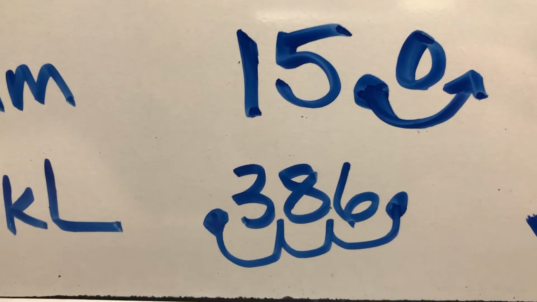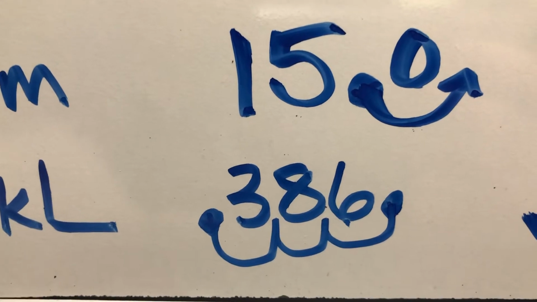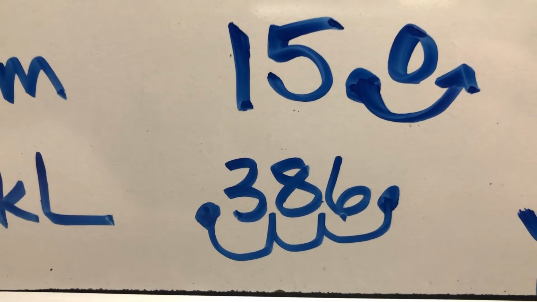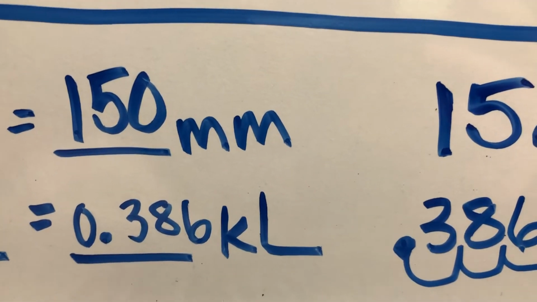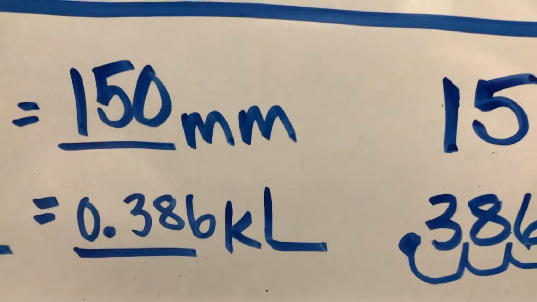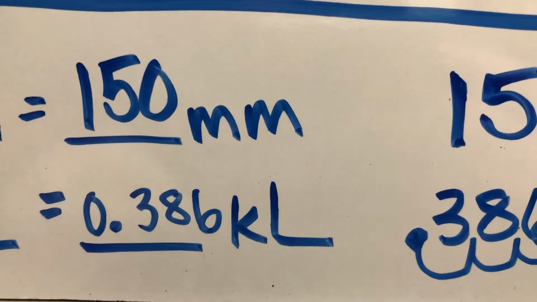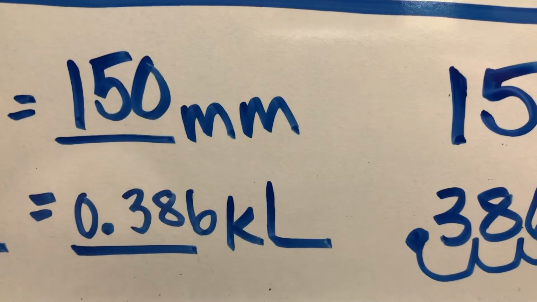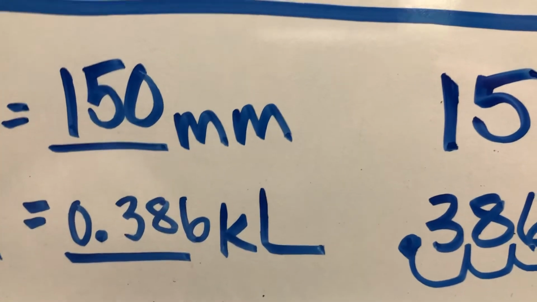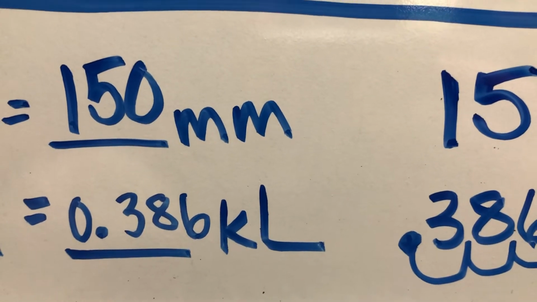And I need to make my math answer pretty so that my math teacher doesn't freak out. So I put a 0 in front: 0.386, so that my answer is mathematically pretty. I just don't put .386. I put 0.386 because that's the pretty math answer.